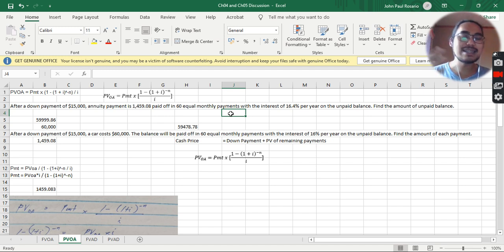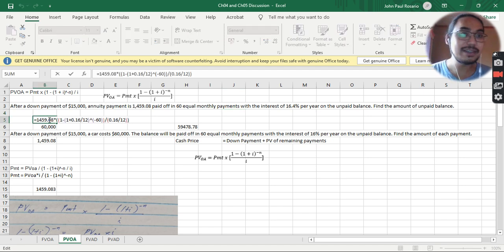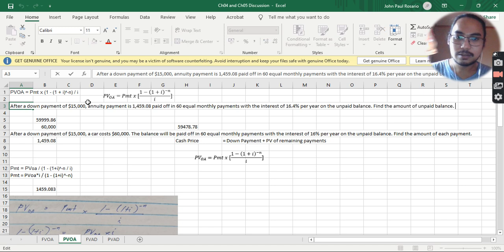So in this case, we were asked how much the balance is. Using this formula, PVOA, we can solve it. Our payment is 1459.08, and then we simply change the other things. 1 minus, and it should be consistent at 16%.